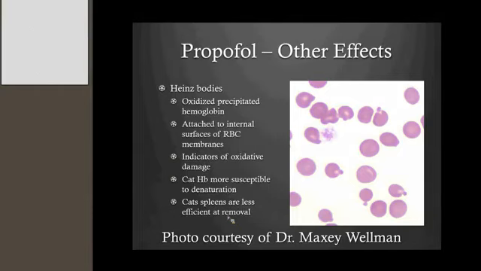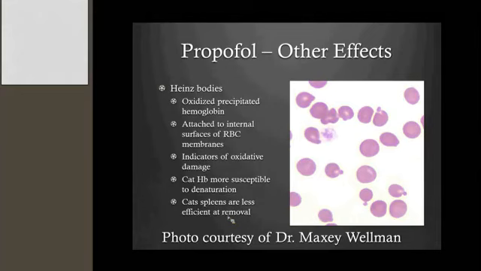Cat spleens are also less efficient at removing Heinz bodies from the circulation anyway, and so it's something that you can see. So for a long time it was thought you shouldn't give propofol on successive days to cats. Most people still do that.